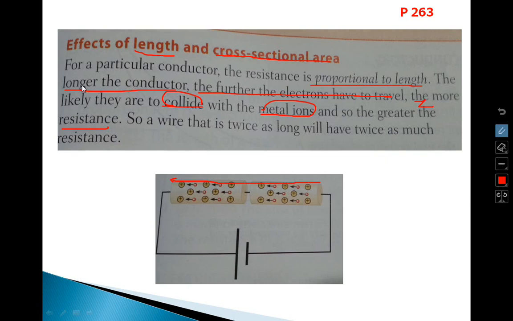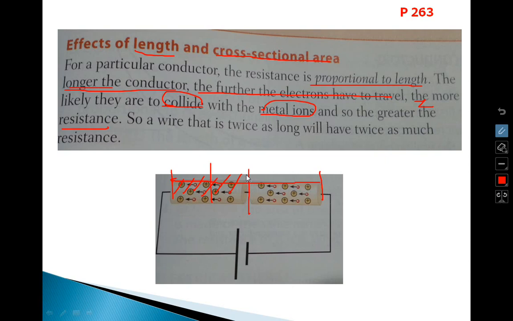If the conductor is longer, if we take this distance from here up to here, and there is no extra wire here, the resistance will be less. If we increase the length of this conductor, for example up to here, the resistance will be more. If we take it up to here, the resistance will be more than the two previous parts.